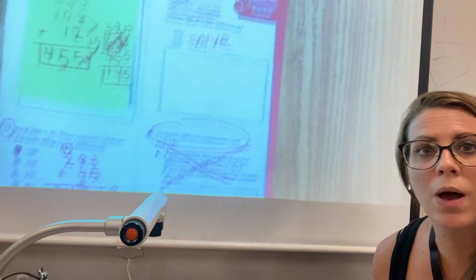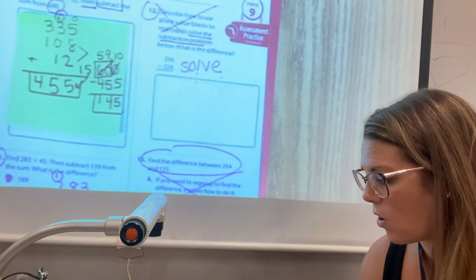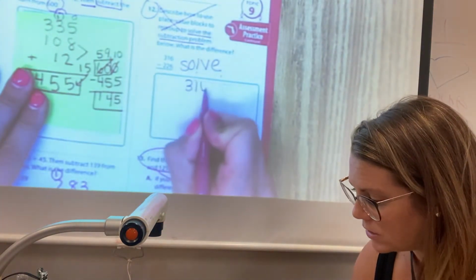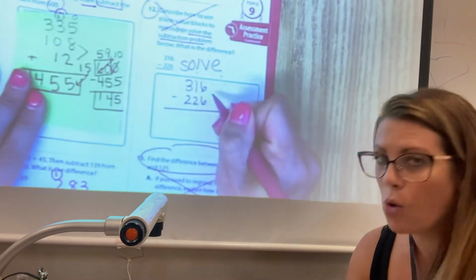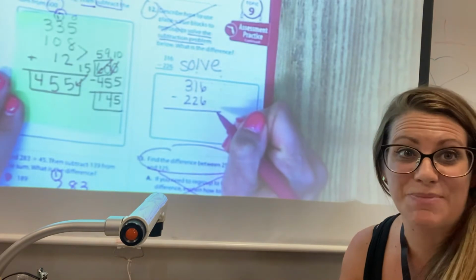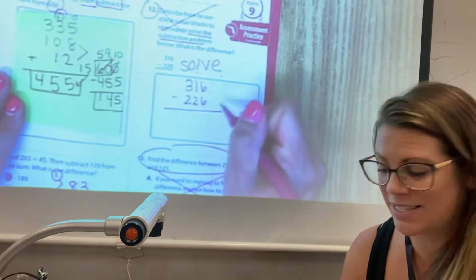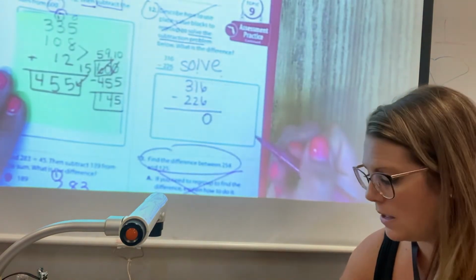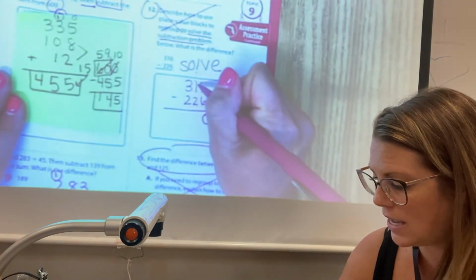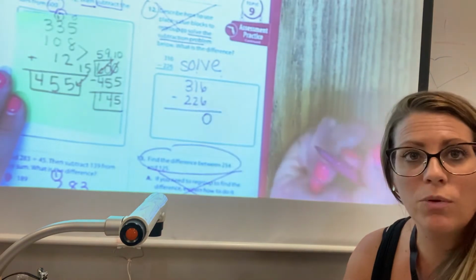Now on number 12, all you needed to do was solve it. 316 minus 226. Ooh, 6 minus 6. Do you remember that saying? Numbers the same, zero's the game. Now we go over to the tens. More on the top or more on the floor?